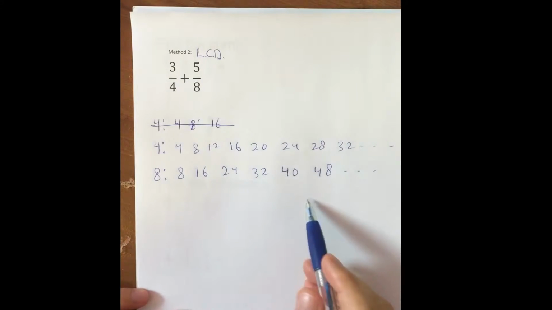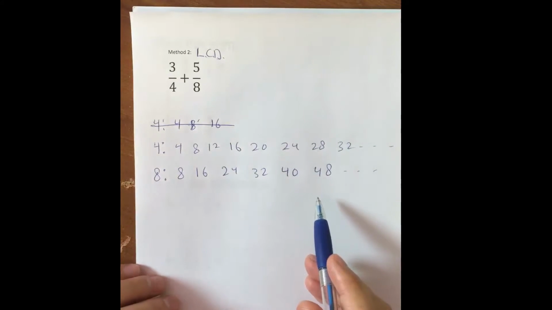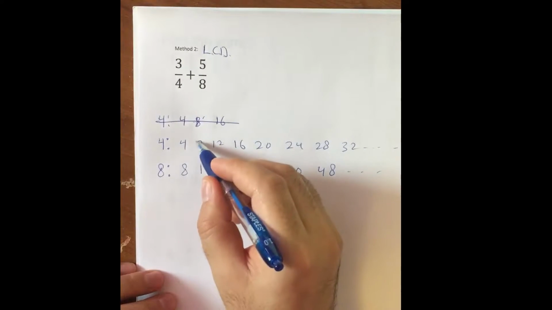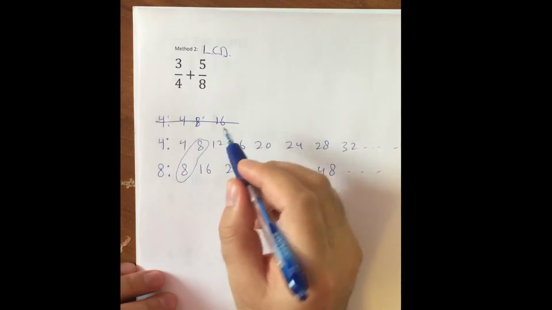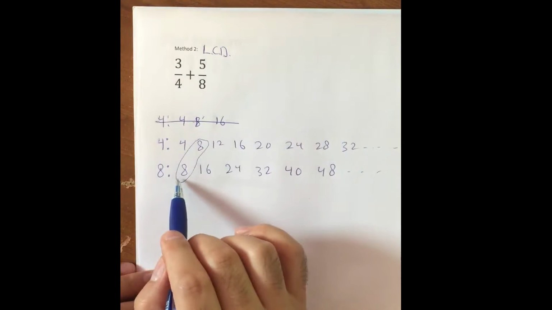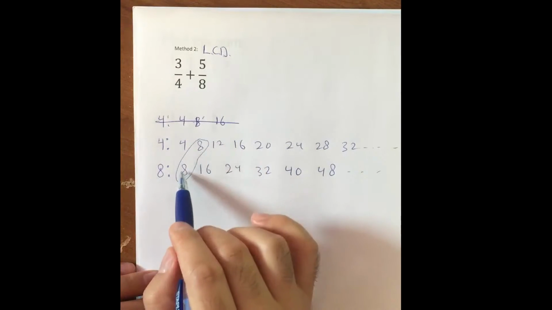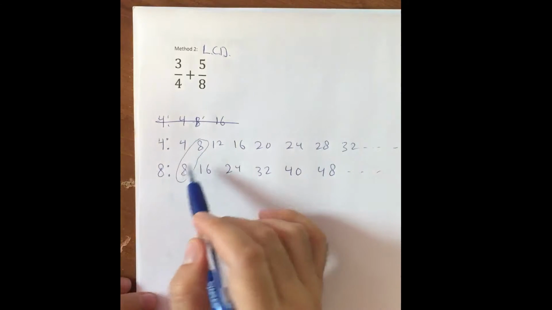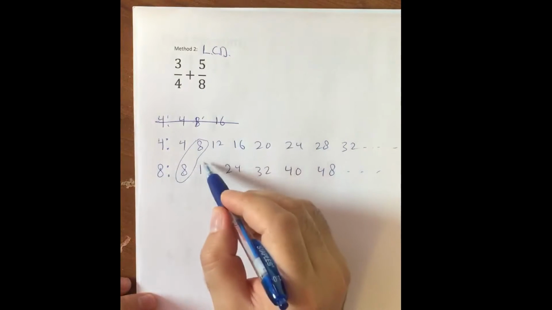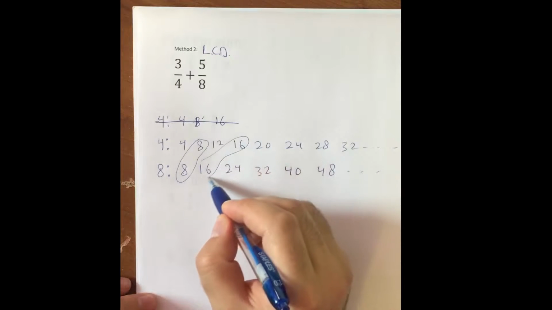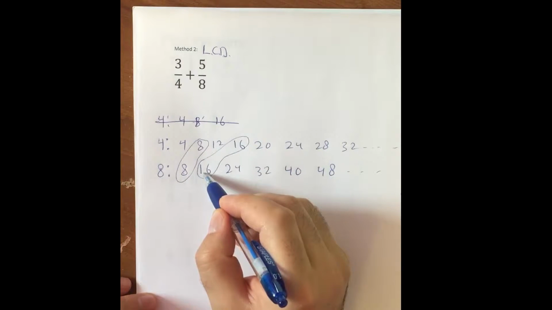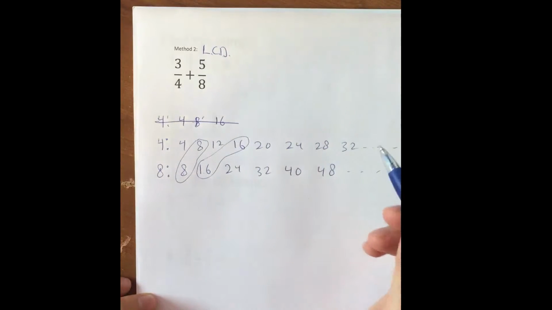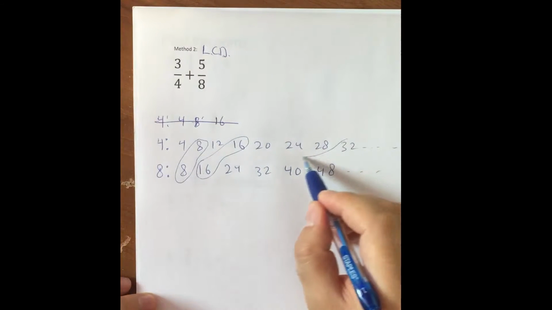Once you write it like this, you can easily find the numbers that are common. As you can see, 8 is in the multiples of 4 and in the multiples of 8, so that's why we call it common. Another number that we can see is 16, which is common in the multiples of 8 and the multiples of 4, and 32.